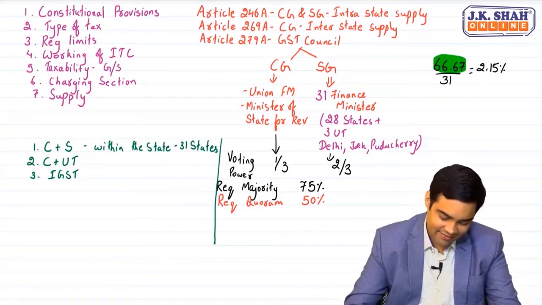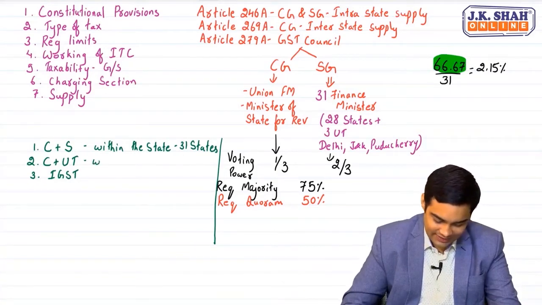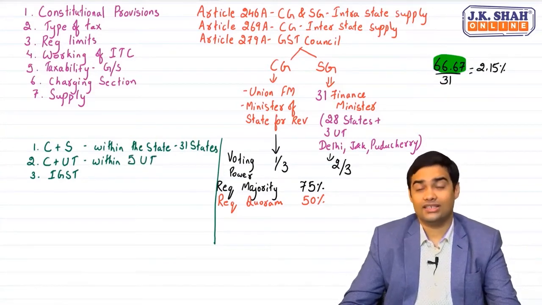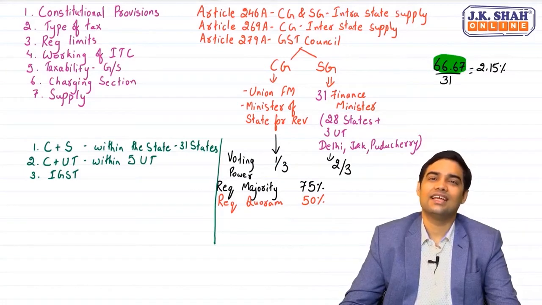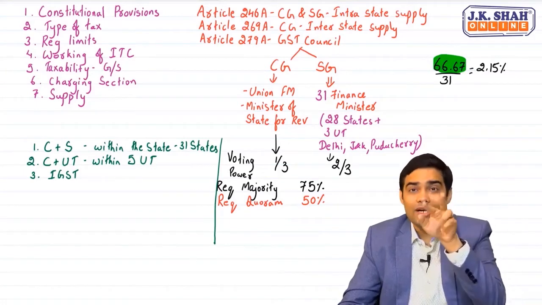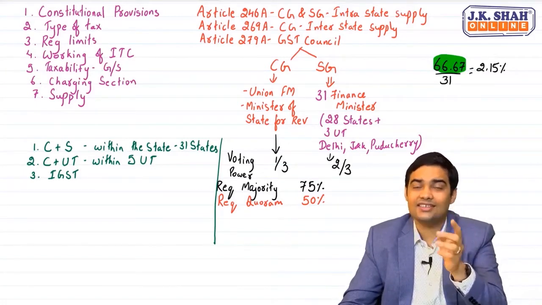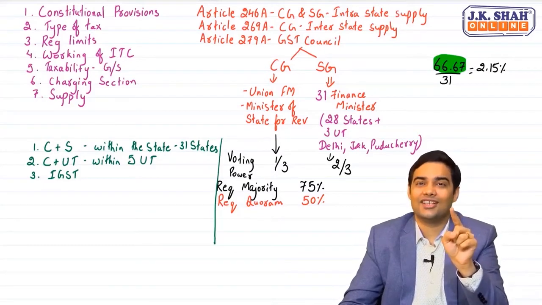Okay. Then we talk about C plus UT. C plus UT is charged when the transaction is within 5 union territories. Now, which are these 5 union territories? Because only if the transaction is within these 5 union territories, then C plus UT. Not between these 5 union territories, within these 5 union territories.